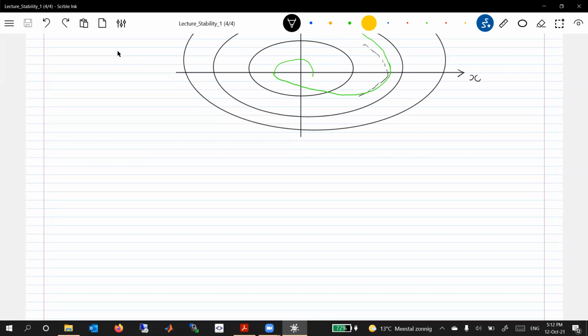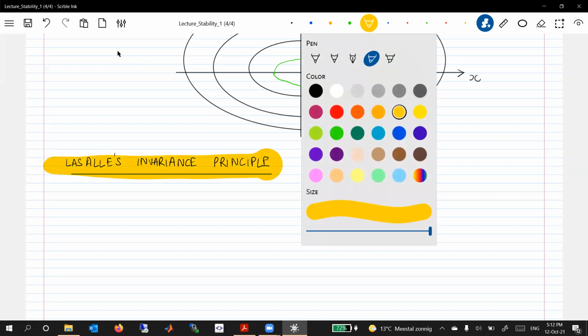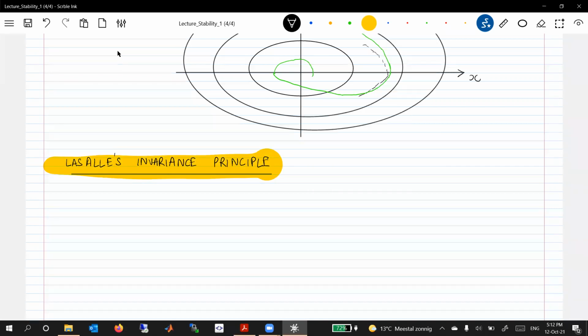And what comes to our rescue in this case is what is known as LaSalle's invariance principle. This is a very general result, not just in this setting, but for any dynamical system.